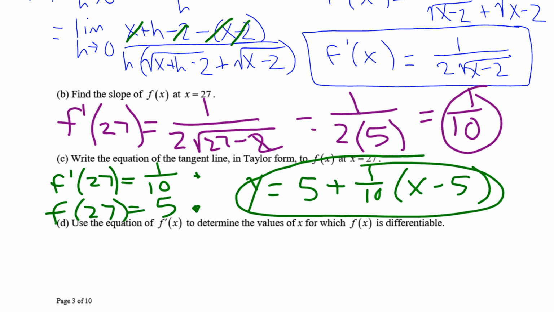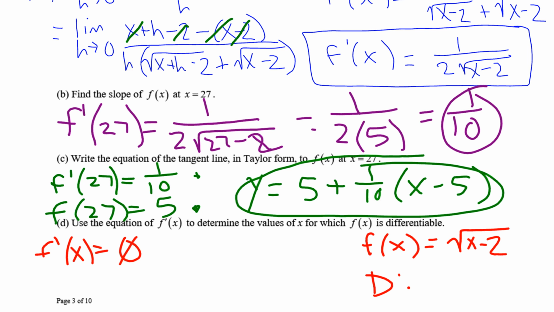Lastly, use the equation to determine the values of x for which f of x is differentiable. Remember, it's not differentiable if our derivative is undefined. So first, let's just start with f of x. The domain of this is x has to be greater than or equal to 2.